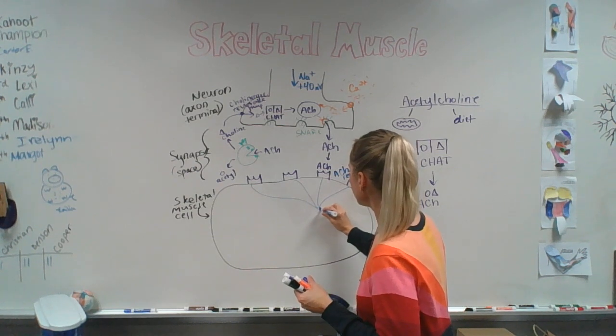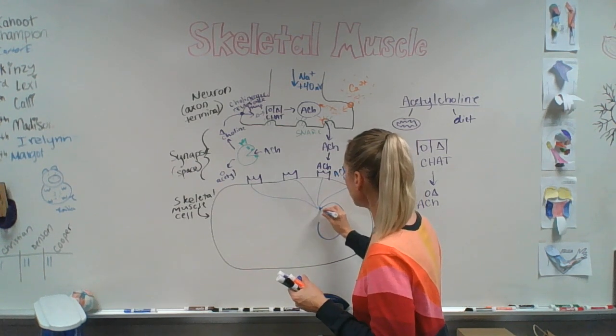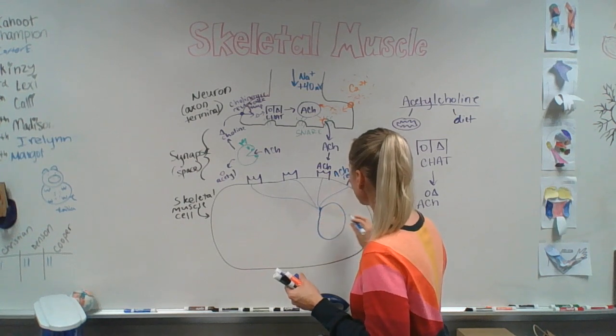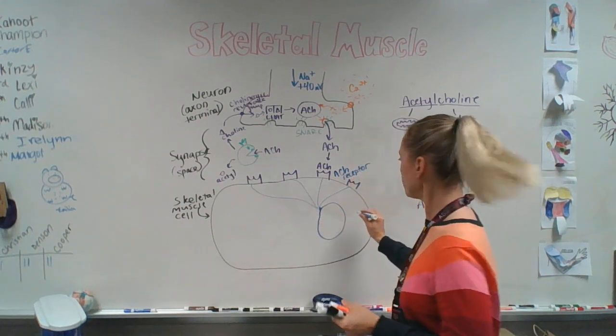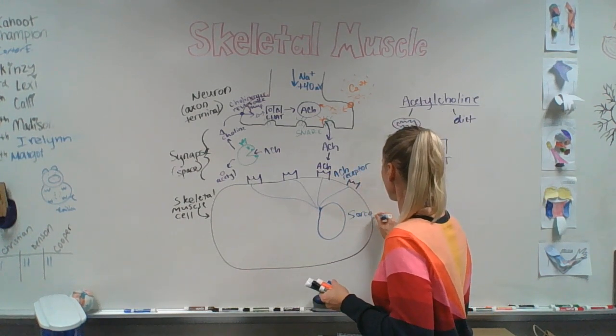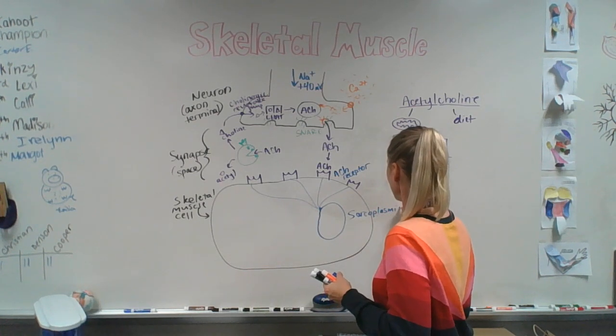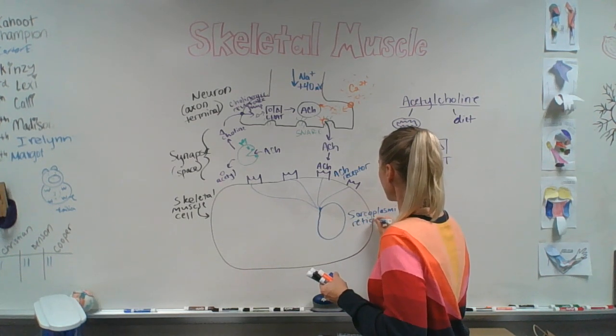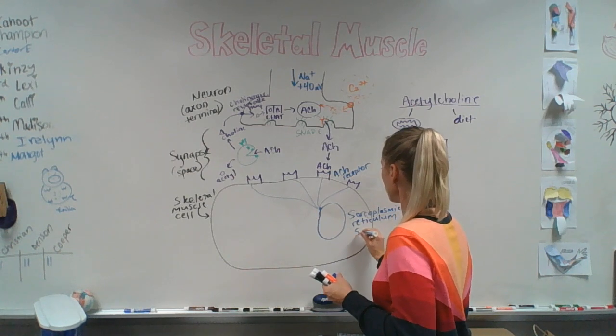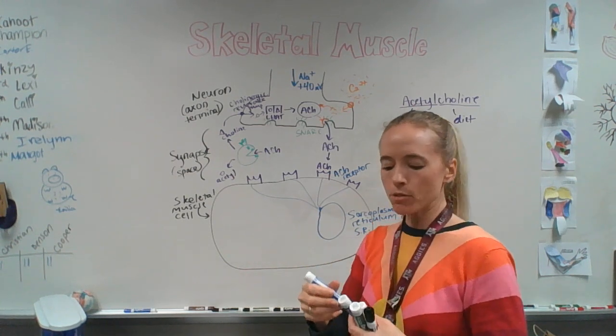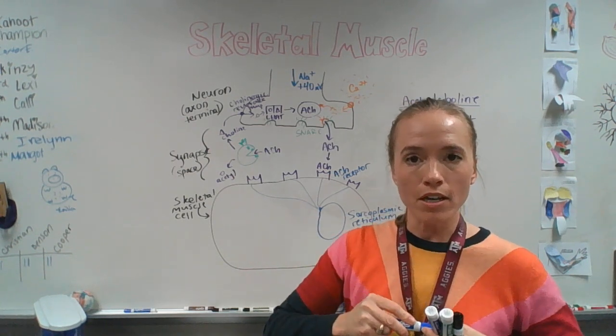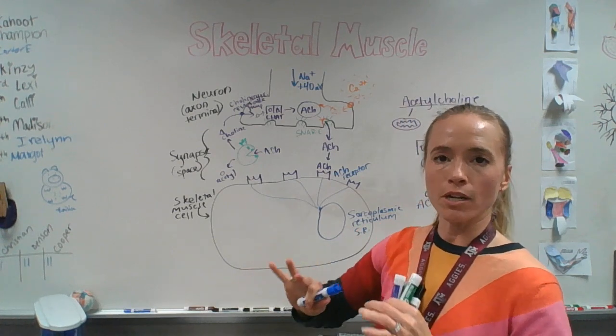And it is attached to a structure called the sarcoplasmic reticulum. We're going to shorten this to SR. You may have heard of the endoplasmic reticulum, which is in all cells. Sarcoplasmic reticulum is only in muscle cells.